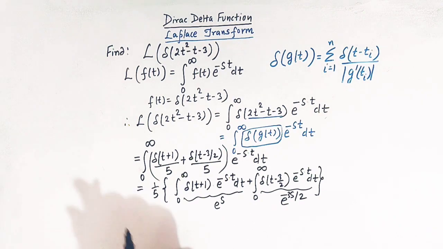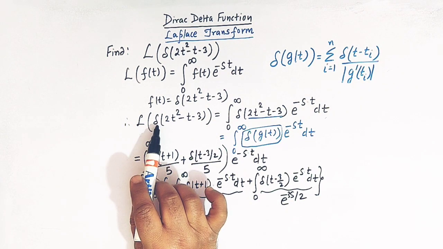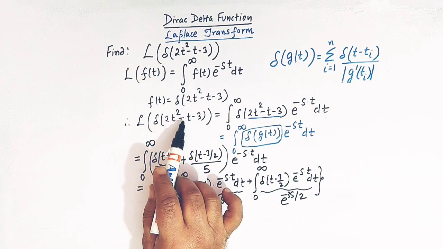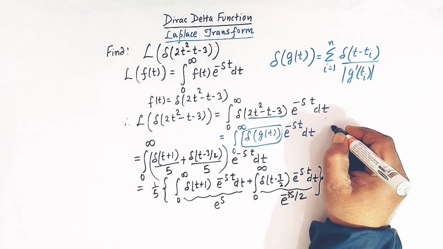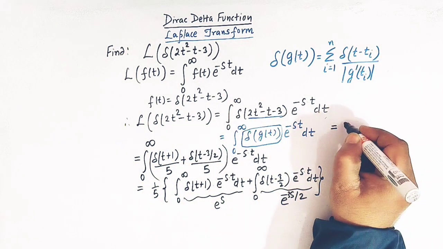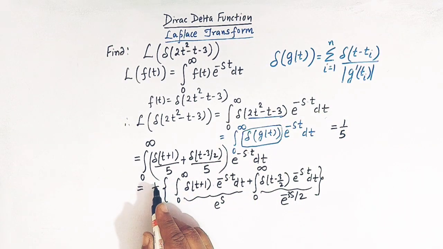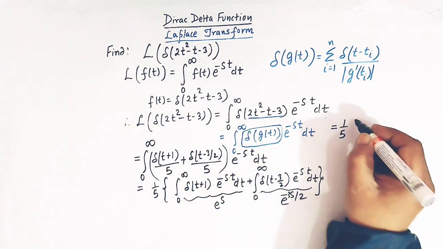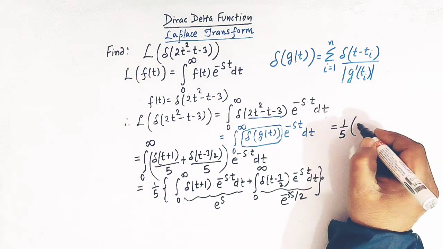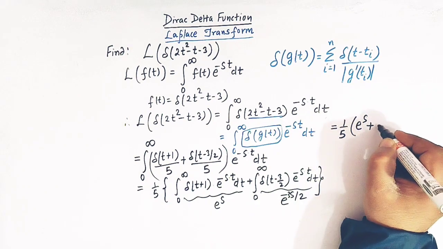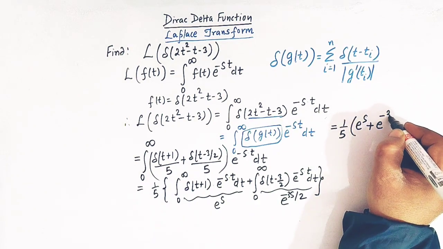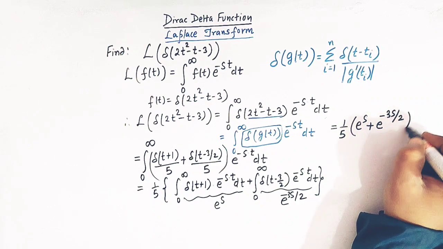So viewers, now the Laplace transform of delta of 2t square minus t minus 3 is equal to 1 over 5 times e raised to s plus e raised to minus 3s over 2.